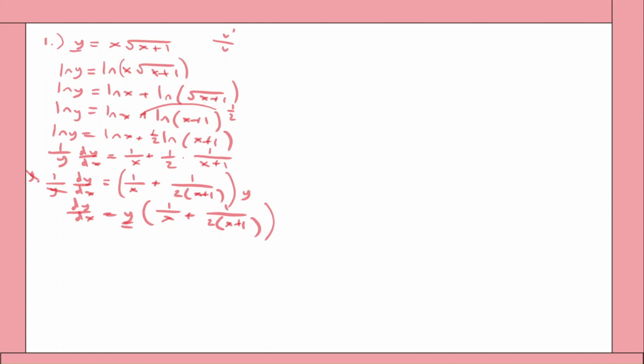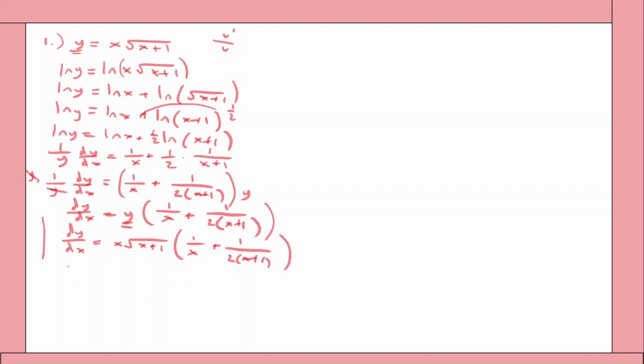At the very top, it said y is equal to this here. So your final step, usually in these problems, is plugging in whatever y equals. So in this case, it's x root x plus 1. So it's x root x plus 1, and this is still multiplied by everything else: 1 over x plus 1 over 2 times x plus 1. And then that's your answer.